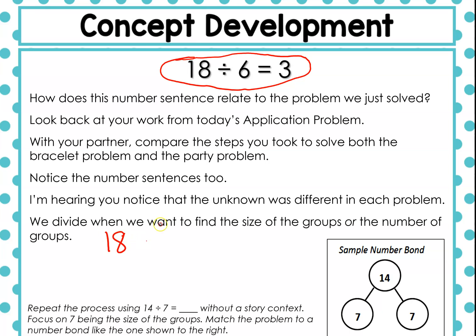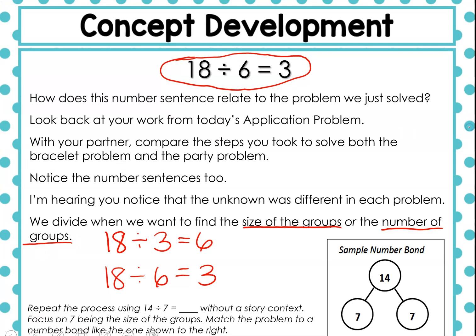If we did 18 divided by 3 equals 6, and 18 divided by 6 equals 3, they all have the same numbers in the problem, right? But what's different is we switched the 6 and the 3 around, depending on what you're looking for or trying to solve for. So we divide when we want to find the size of the groups or the number of groups.